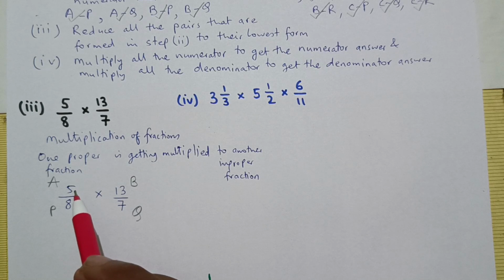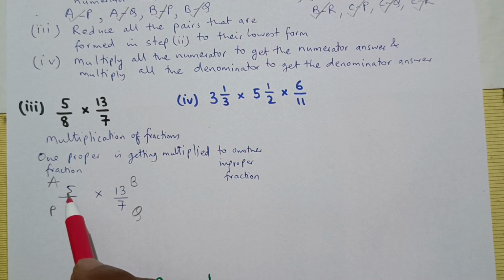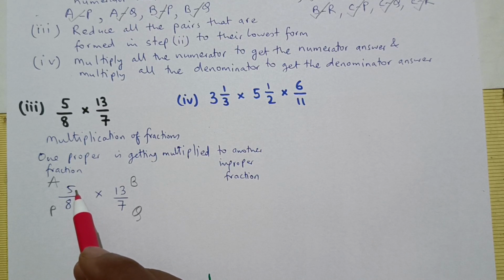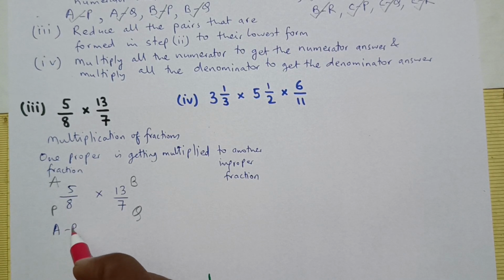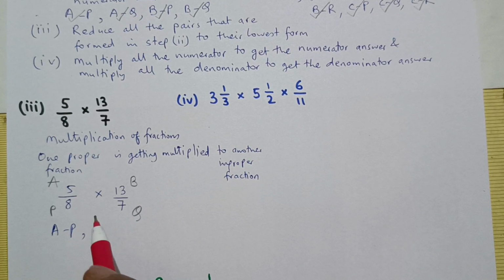So let us take first the numerator 5 and form all possible numerator denominator pairs with this numerator 5. So one numerator denominator pair is 5 by 8. So 5 by 8 is AP. So this is one numerator denominator pair, AP.